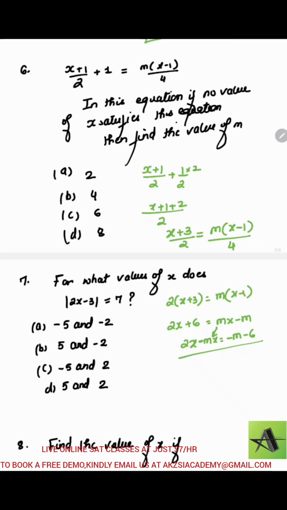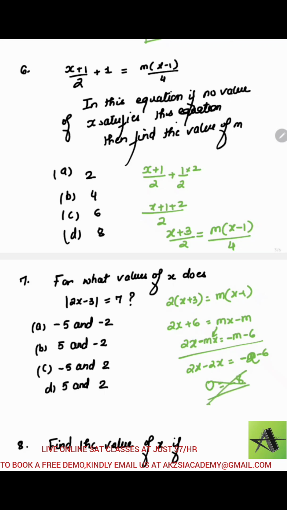Clearly, if it doesn't satisfy any value of x, that means the whole term of x will vanish. And that can be possible only if m is also 2. If I put m as 2, this will become 2x minus 2x equals minus m minus 6. m is also 2, so here 0 is equal to minus 8, which doesn't make any sense. 0 cannot be equal to minus 8.